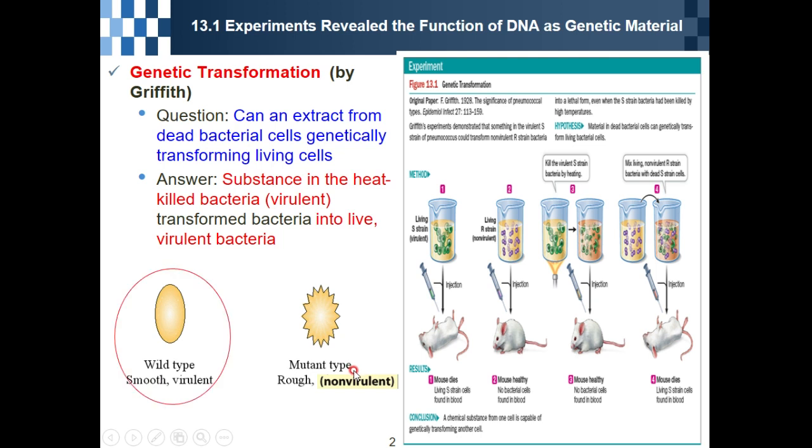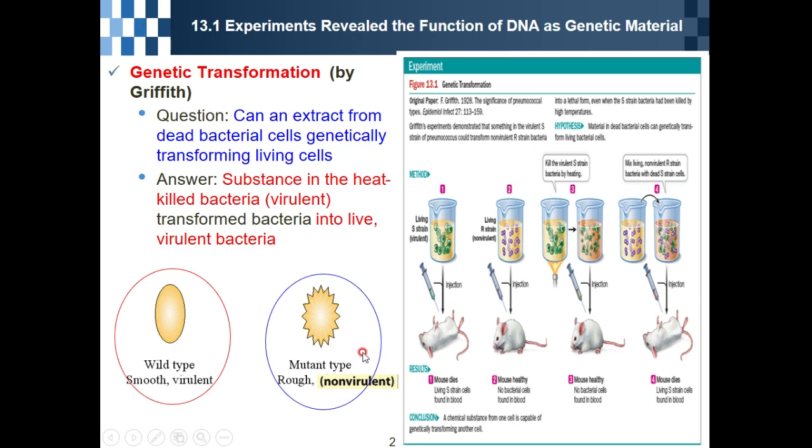The first one is the wild type. Their surface is very smooth, that's why we call it the S strain. The other one is the mutant. The mutant's surface is rough, like this, and this is the non-virulent one.